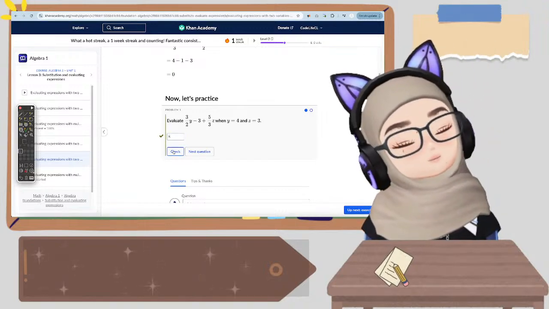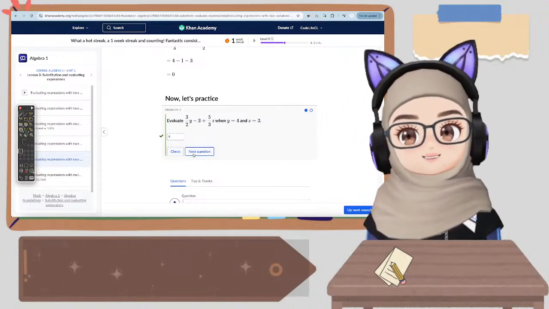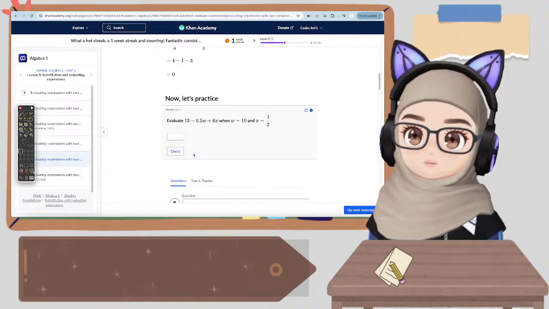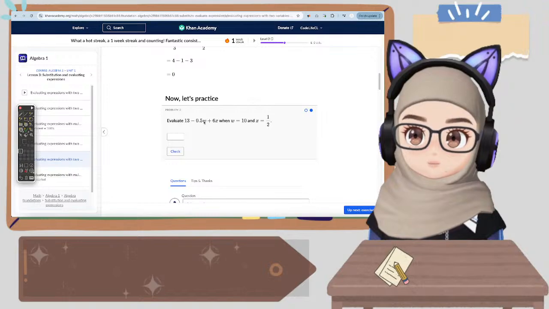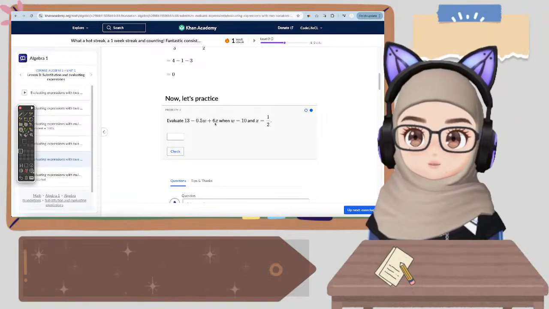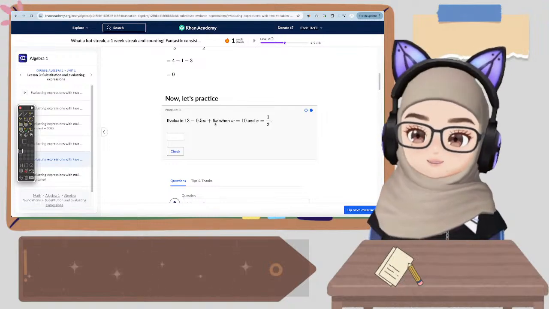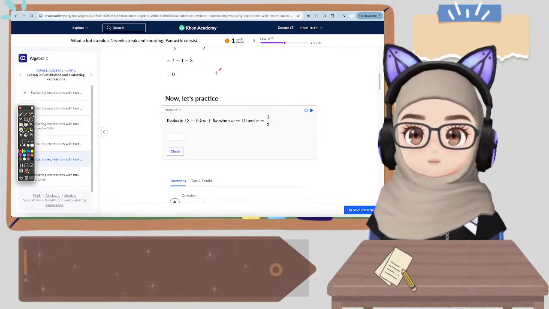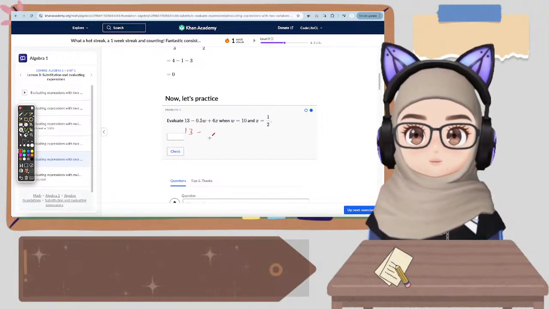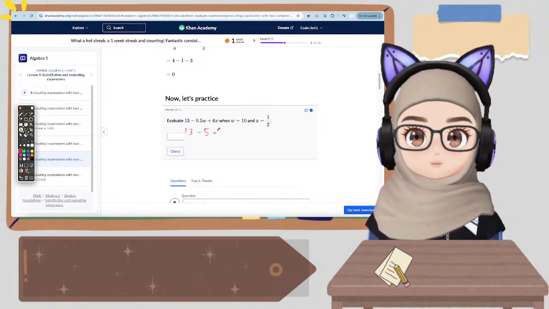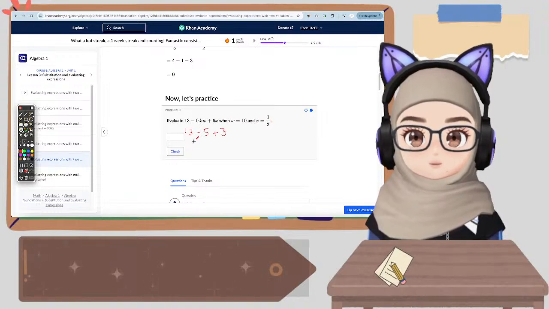Yay. Good job, me. Well done, me. 13 minus half of a W, which is 5, plus 3. Let me write it down. 13 minus 10, half of 10 is 5, plus 6, half of a 6 is 3.